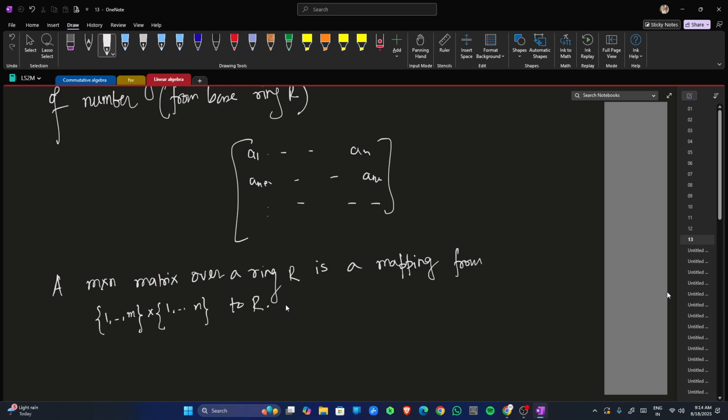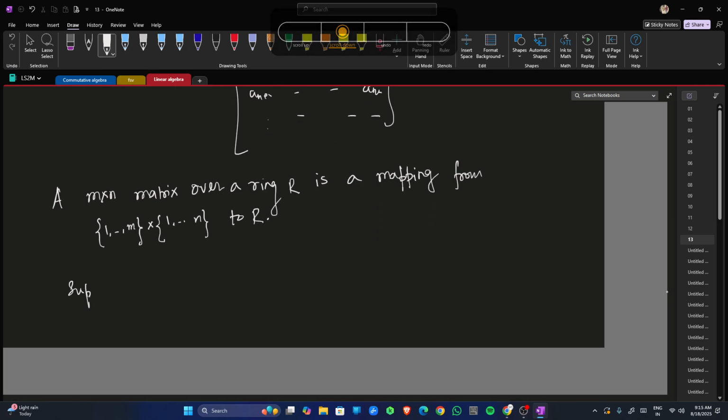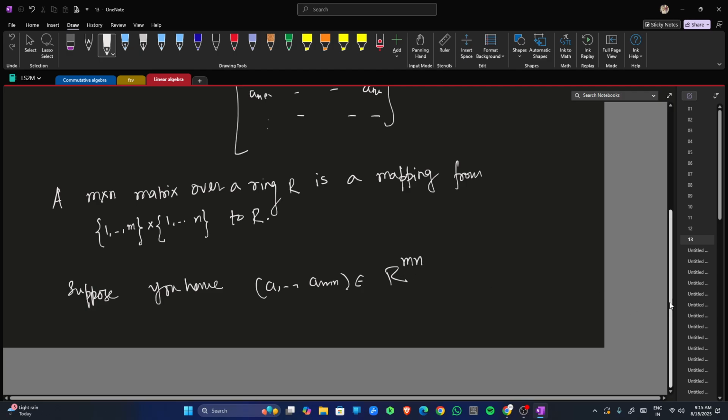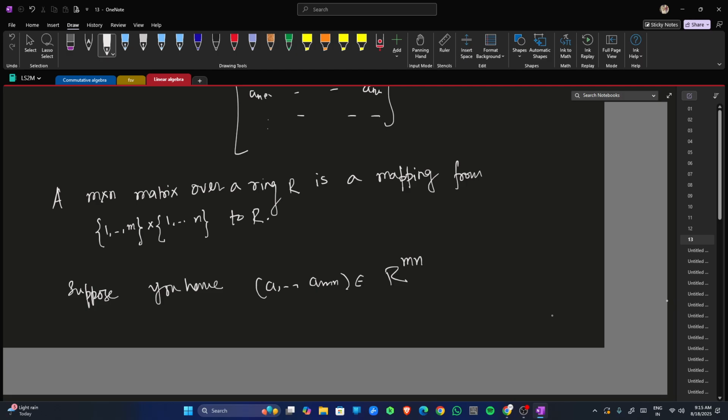So basically you have R power mn. We all know what we mean by R power mn: the Cartesian product of R, mn times, as a set.